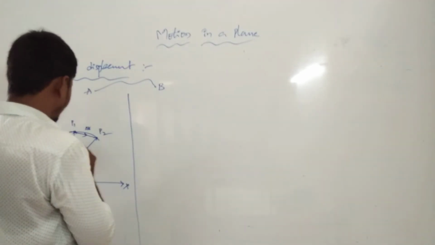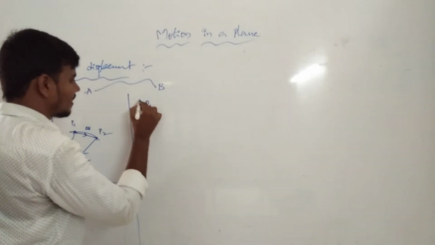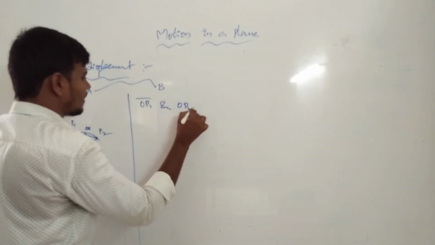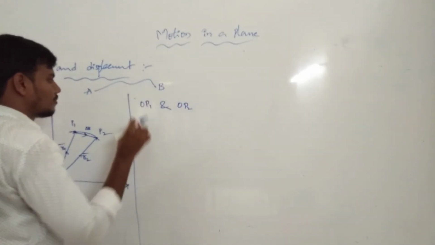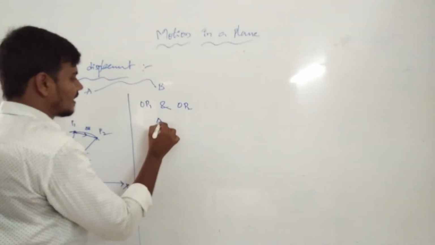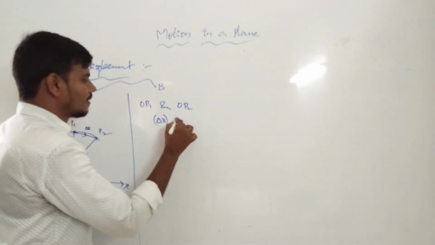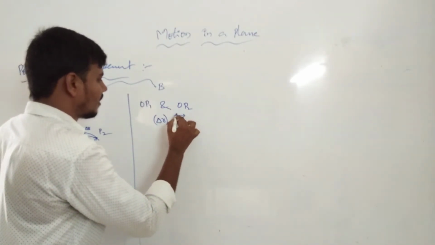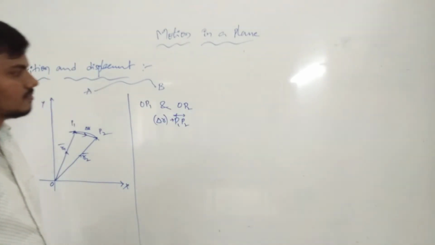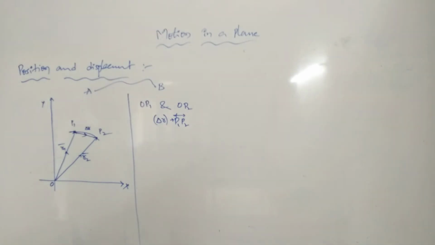We are taking OP1 and OP2, which are vectors, and delta R is also a vector, going from P1 to P2. How can we represent the displacement vector using the position vectors?